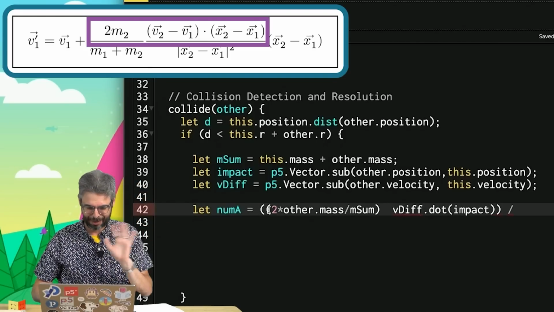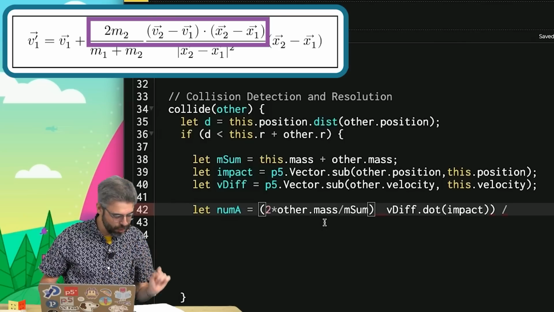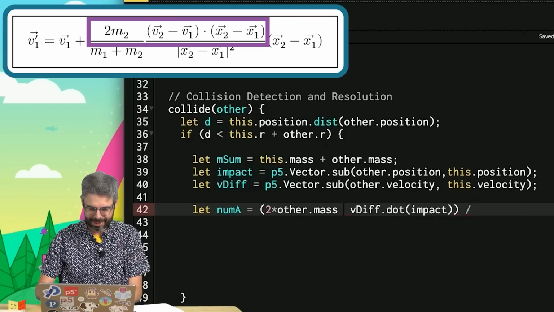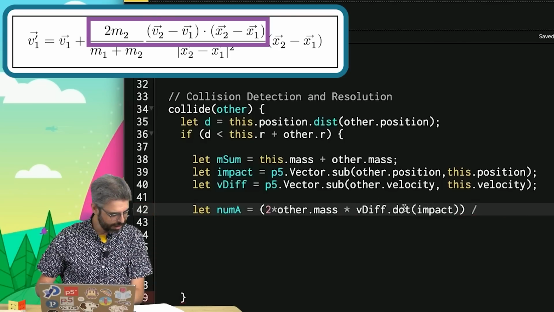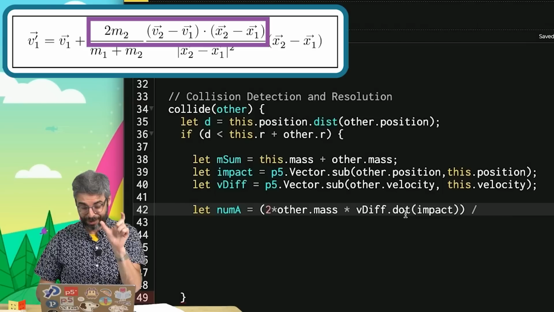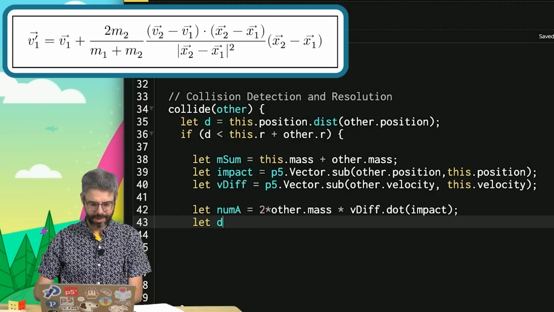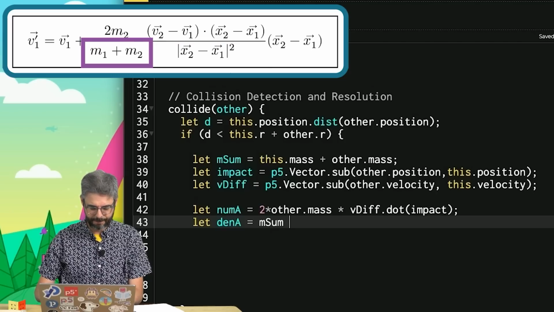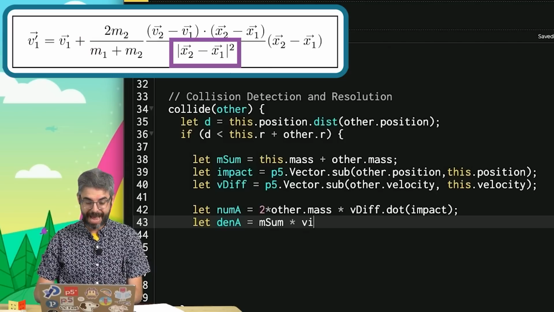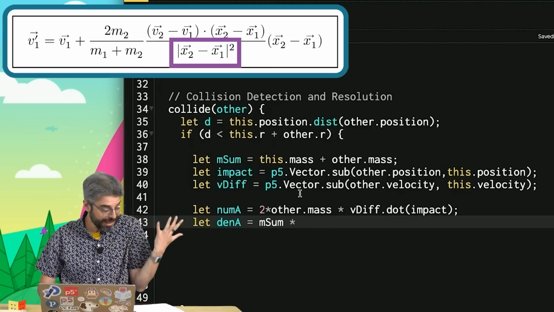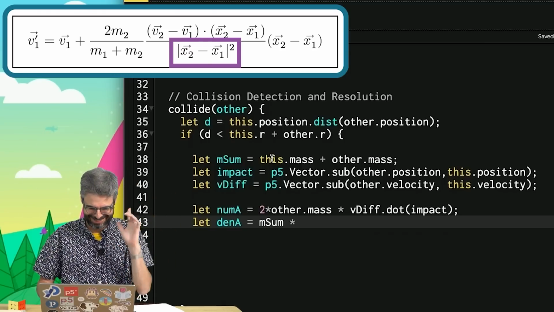Numerator A is 2 times the other's mass times the vector velocity difference dot the line of impact. And the denominator A equals M sum times the magnitude. I'm going to call that the distance.